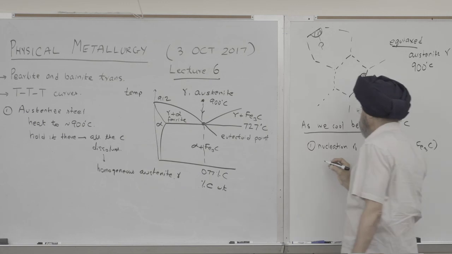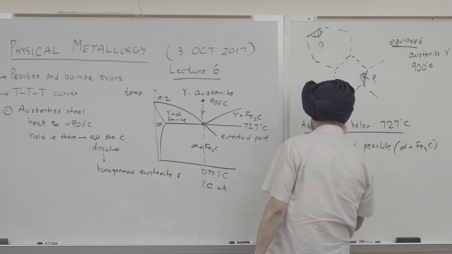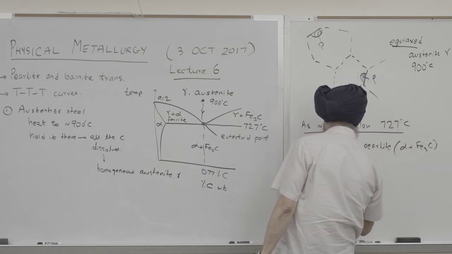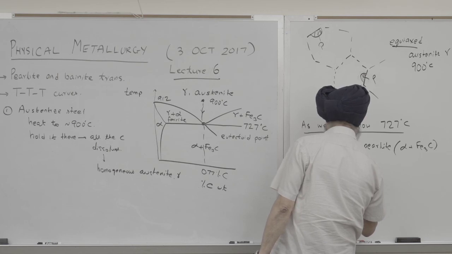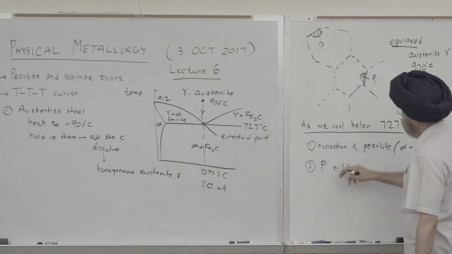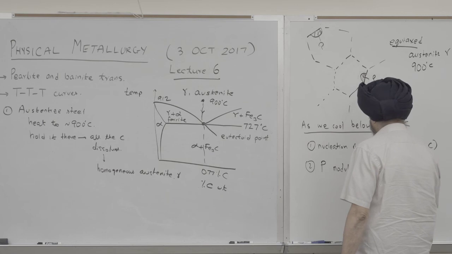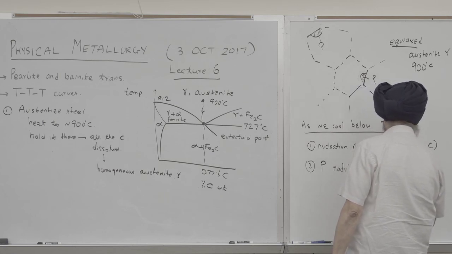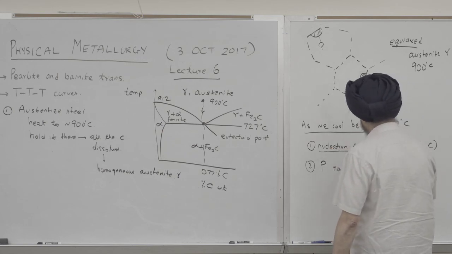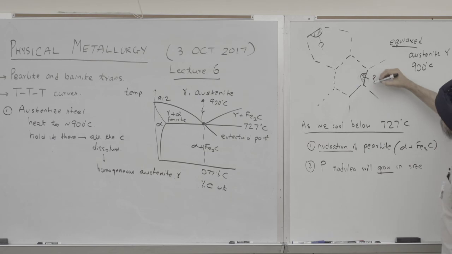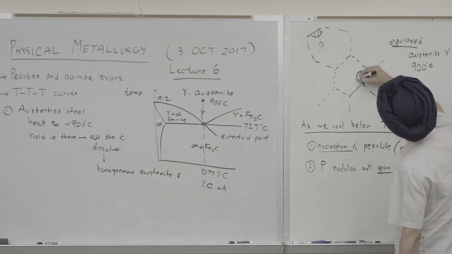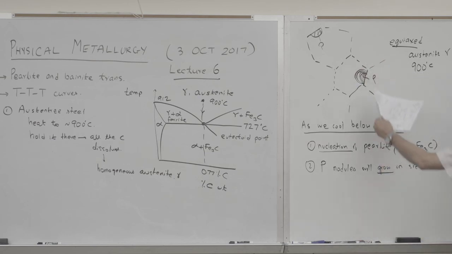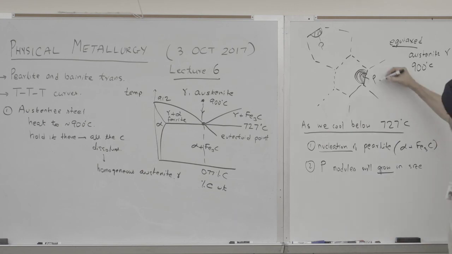And then what will happen is these pearlite nodules, so these are nodules of pearlite, P for pearlite, will grow in size. So two things are happening, nucleation and growth. So these pearlite nodules will grow in size. Notice they only grow in one grain. They don't grow in that direction, as we discussed a few weeks ago.